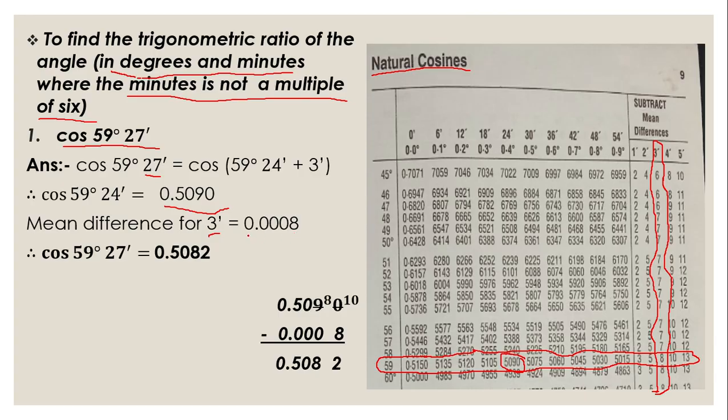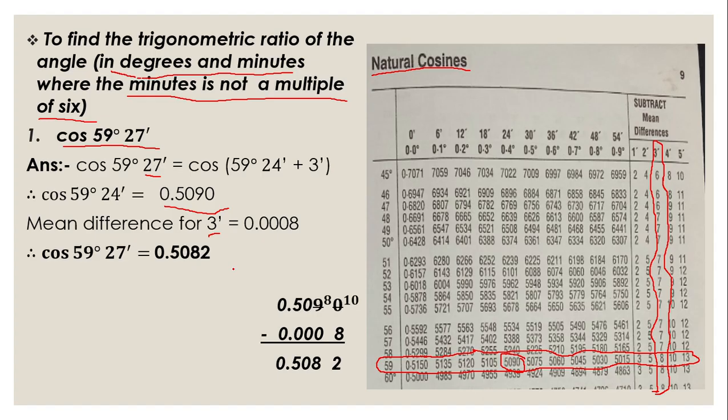This is the mean difference of 3 minutes. The number 8 is not the mean difference of 3 minutes as such. This 8 indicates that the mean difference for 3 minutes is 0.0008. Means that 8 we have to put correct to 4 decimal places.